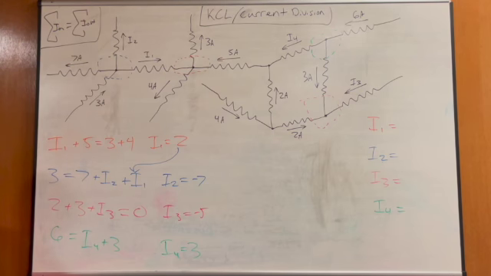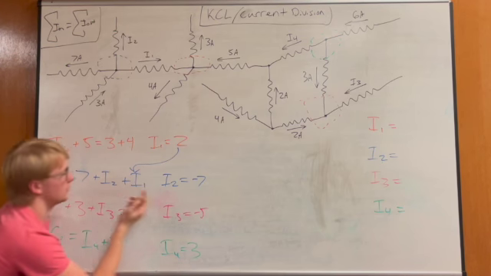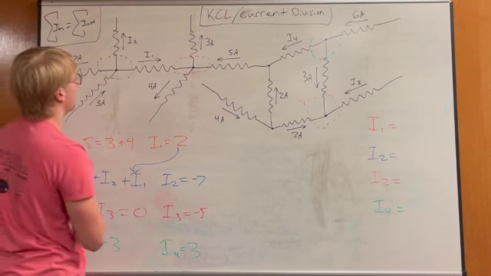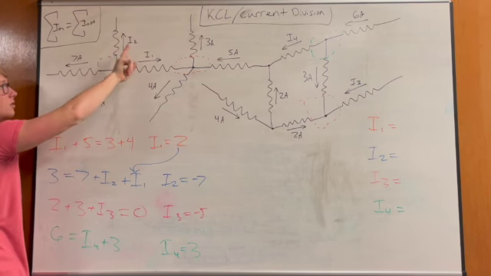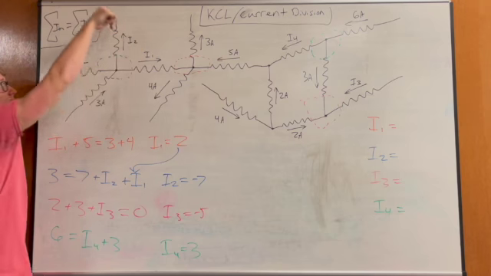Now, the reason we have negatives here is it just says that the I2 is going in the opposite direction at 7 amps. So I2 in this case is going up, right, that way on this resistor. And since it's negative, it's just going to be going this way.